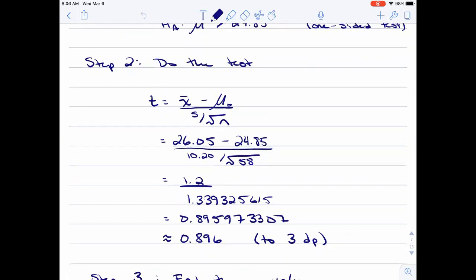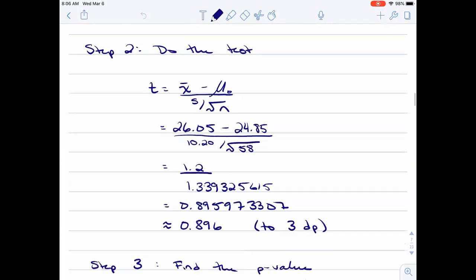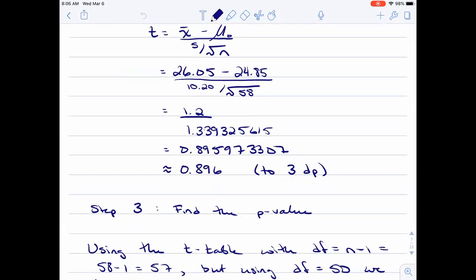Then in step 2, we did the test. We calculated our t, and we found a t of 0.896. That's not very far from the hypothesized mean, just 0.896 standard errors away.